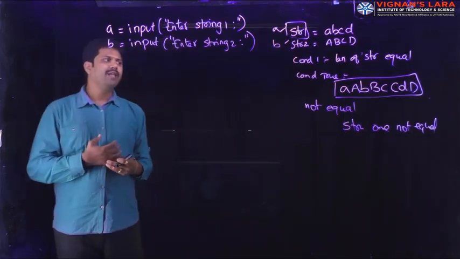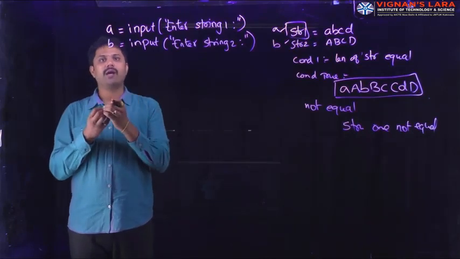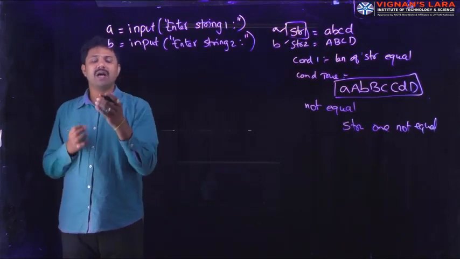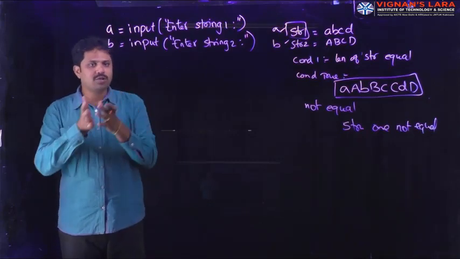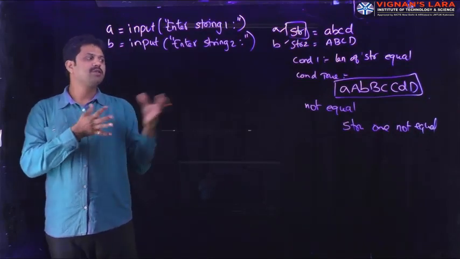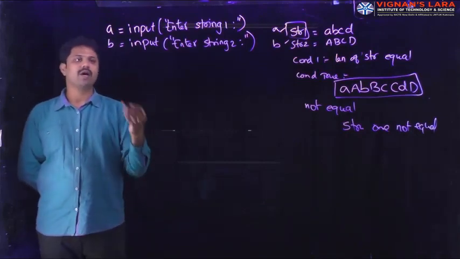Now let us go with the condition. We have 2 conditions: whether these 2 strings are equal or not. I have some duties if both strings are equal, and I have some more duties if both strings are not equal. First, I check the condition whether the two strings are equal or not.